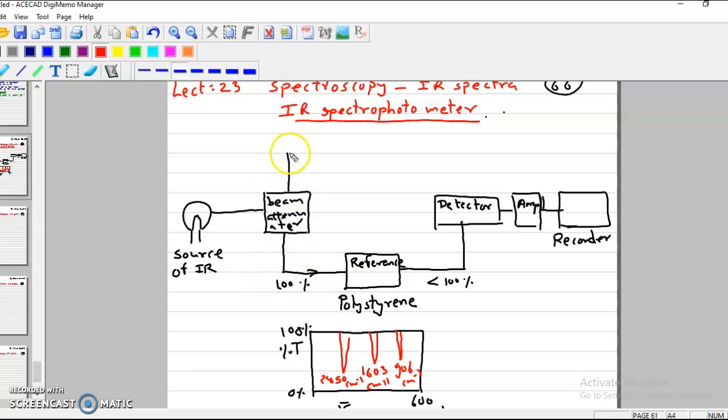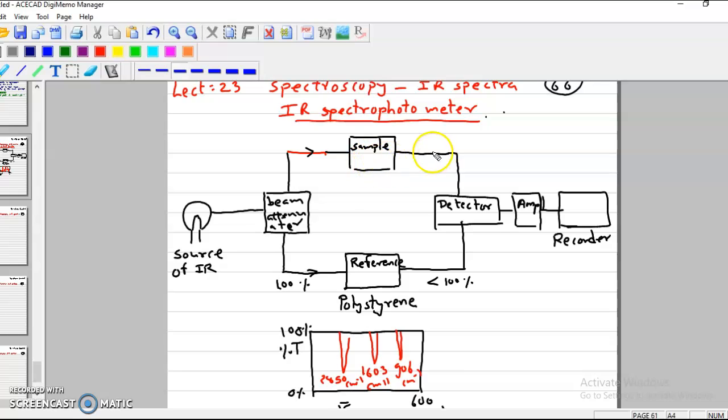Now, this is another compartment, which is known as sample cell. The next beam will be passed through both. So in the next experiment, we will pass IR radiations through the reference as well as through the sample, which is an unknown compound, and we want to take the IR spectra of this unknown compound, which is kept over here.